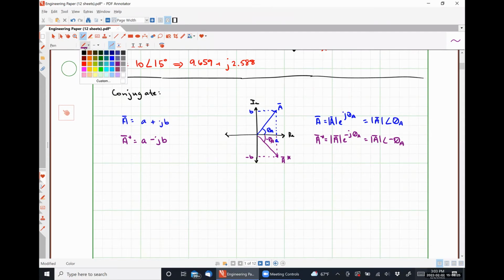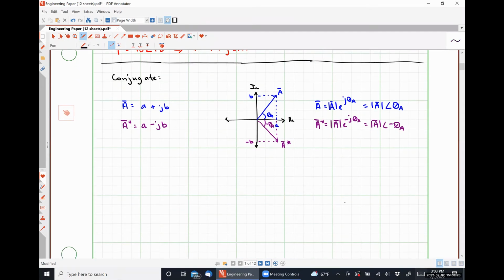Now let's talk about mathematical operations we're probably a bit more familiar with, like addition.